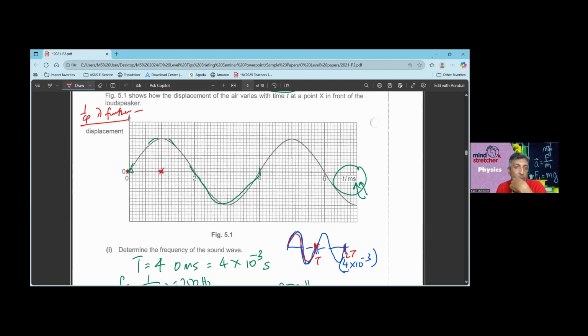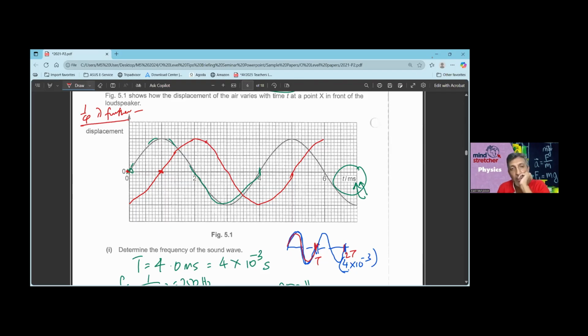So you can start and draw this particle like that. You can draw the wave of this like that. It should be 1/4 later, so technically this wave will be here. Okay, guys, you must draw the curve as smooth as possible.